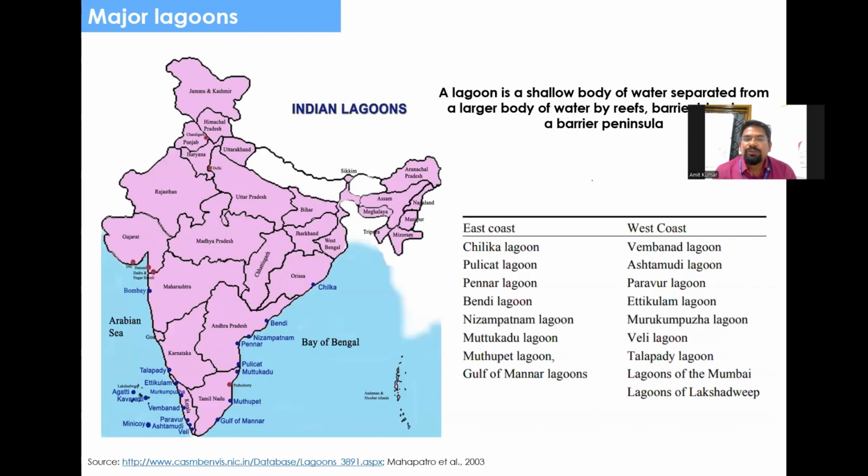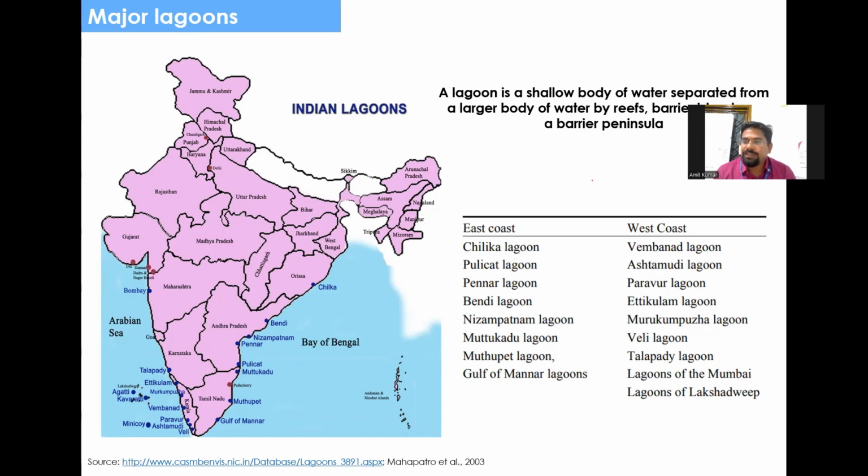Marine lagoons are often neglected when we talk about the marine ecosystem, but they are important marine and coastal areas and play an important role in supporting marine and coastal organisms. In the east and the west coast, we can see a huge number of lagoons which are supporting the marine and coastal biodiversity.